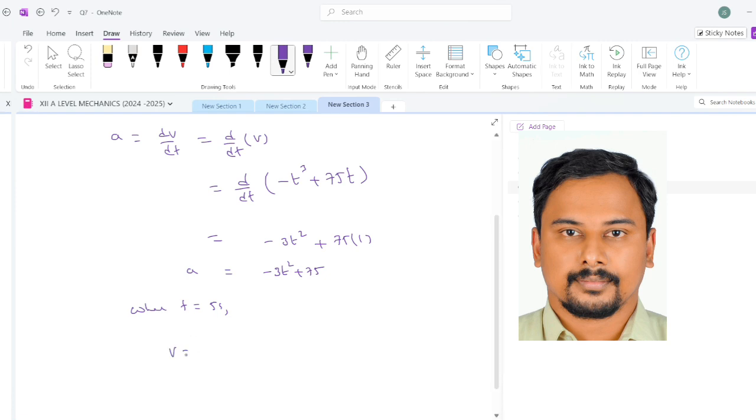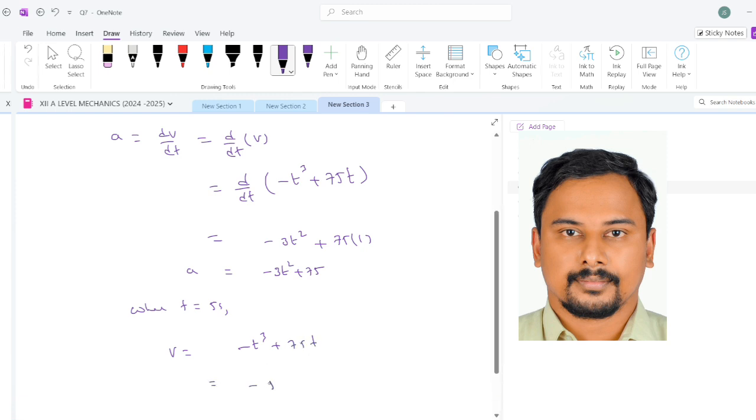So v is equal to minus t cube plus 75 into t.